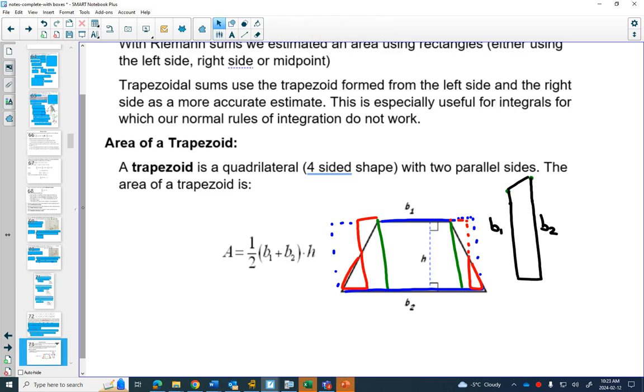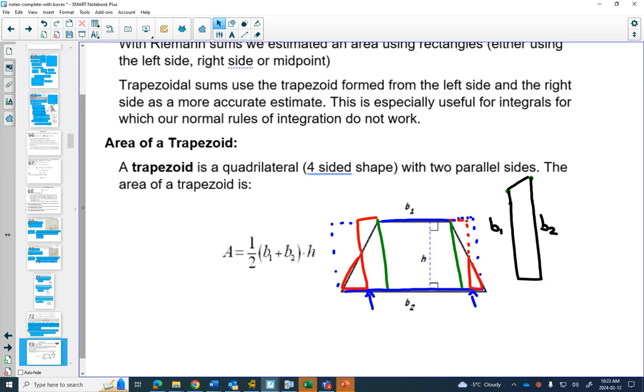So if I take the average of B1 and B2, which would go from here to there, it would make a perfect rectangle, and your area would just be length times width, in this case length times the height.